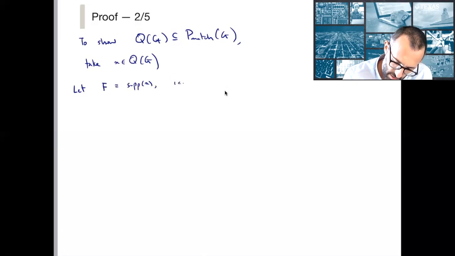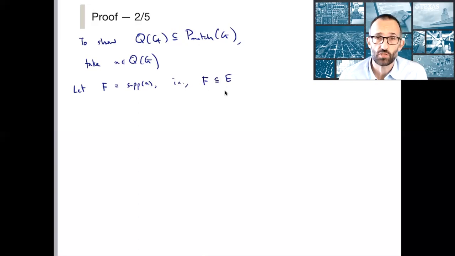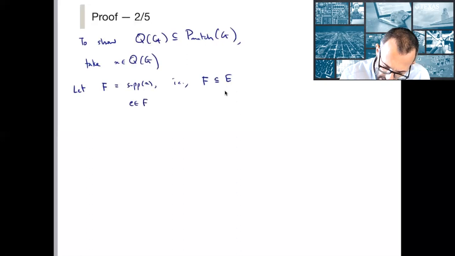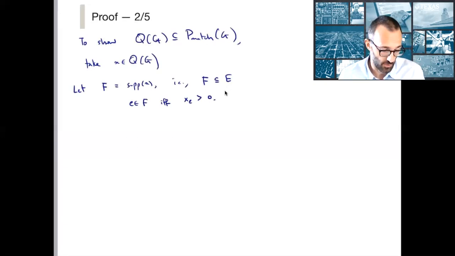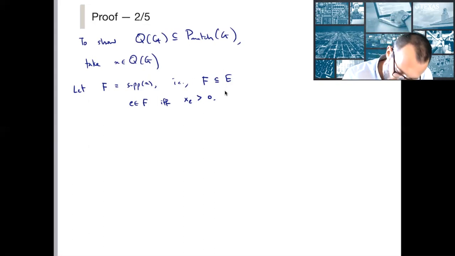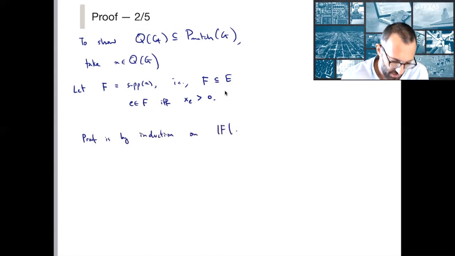In other words, F is a subset of the edges, where e is in F exactly if and only if x_e is strictly greater than 0. Our proof will now follow by induction on the cardinality of F, and the base case is immediate.